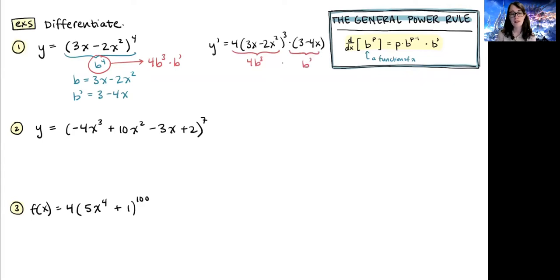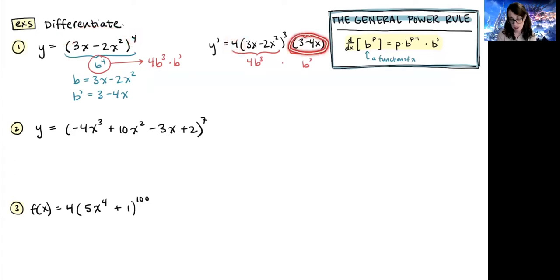Now in terms of simplifying derivatives that are found by using the chain rule or the general power rule, really the only thing that you can often do to simplify is multiply the power that we bring down, the 4 here in this case, and the derivative part of the inside.